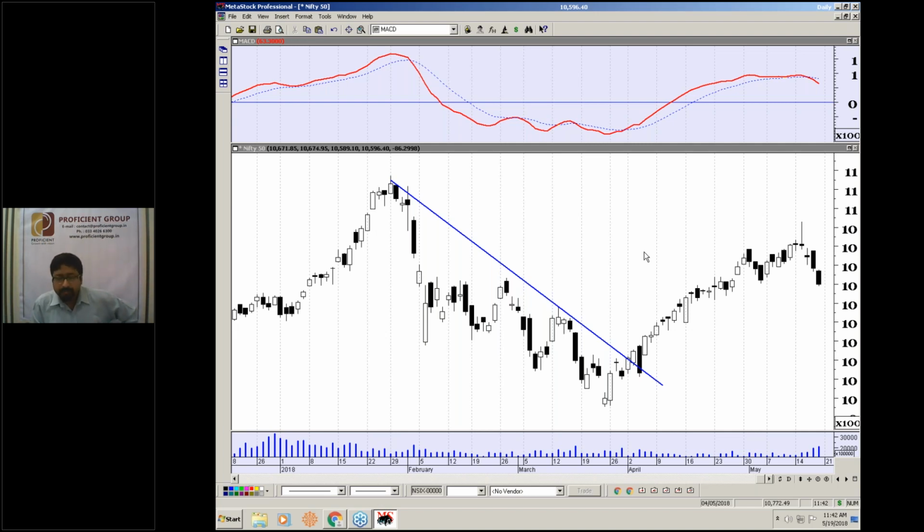MACD is a very important momentum oscillator, which is actually derived from moving averages, right? Moving averages are themselves derived from prices. So MACD is nothing but a derivative of price.